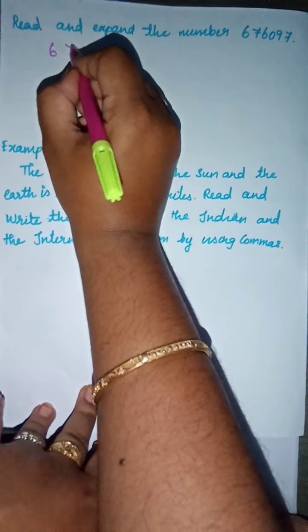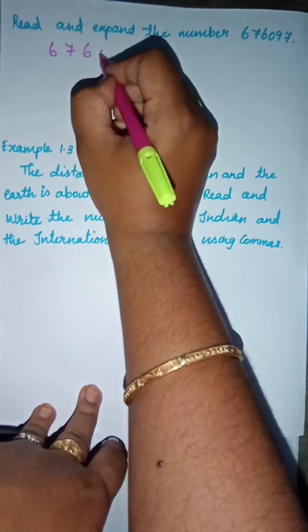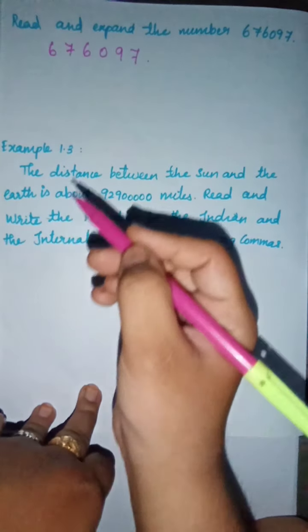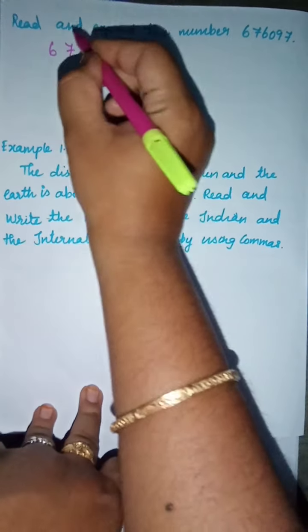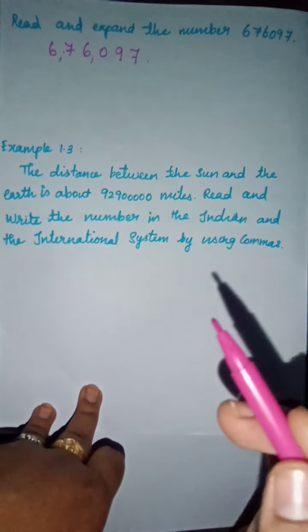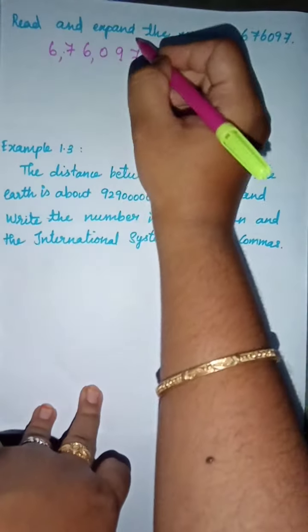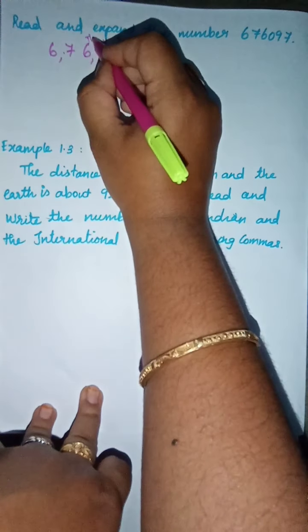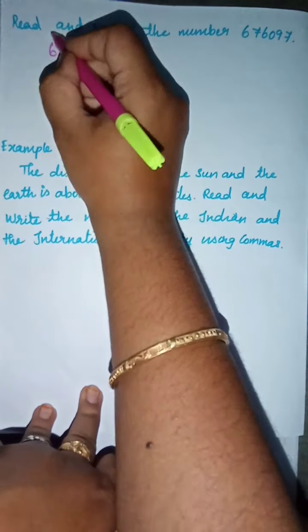676097. The next step is we have to put commas. So 1 2 3 comma 1 2 comma. Okay, then what we have to do? We have to write the place value chart. So the place value chart here is ones, tens, hundreds, 1000, 10,000, lakh.